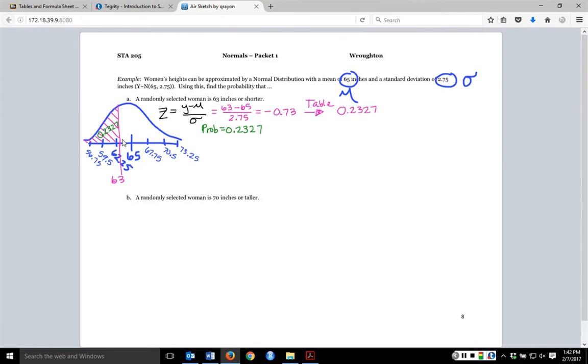Or sometimes it can help, it's going to seem a little silly at first, so I am going to actually have you interpret an answer once we're done. That way you can see, hopefully, that it makes sense.